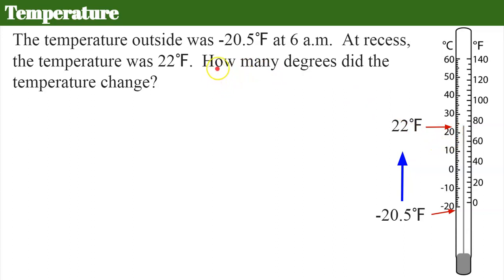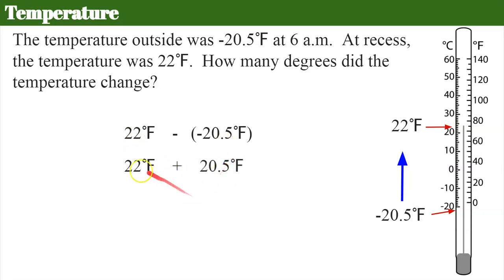And we're being asked, how many degrees did the temperature change? So we're now at 22, and if we subtract what we started at, we're going to get our answer. So 22, keep, change subtraction to addition, add the opposite. When I add these two values, I get 42.5 degrees Fahrenheit.